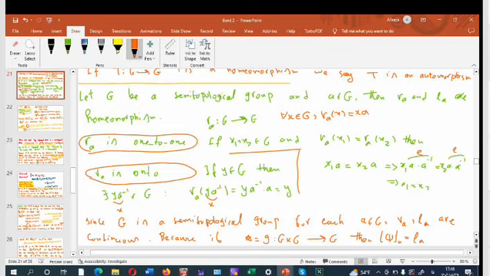Since G is a semi-topological group, for each a in G, these two functions are continuous.